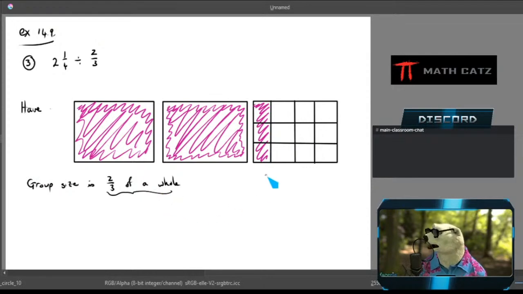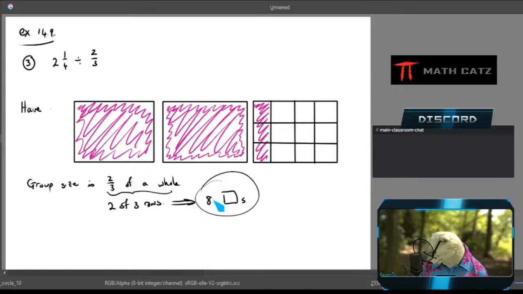I just need a standard rectangle split up in this way so that I can see, well, 2/3 means 2 of 3 rows. That means my group consists of 1, 2, 3, 4, 5, 6, 7, 8 pieces. Those pieces aren't pink, they're just pieces. So that's going to be my group size.